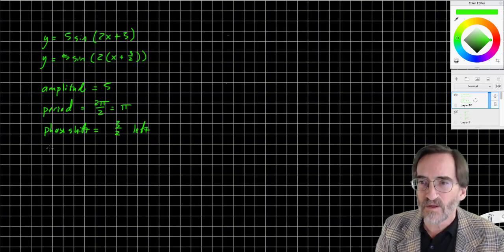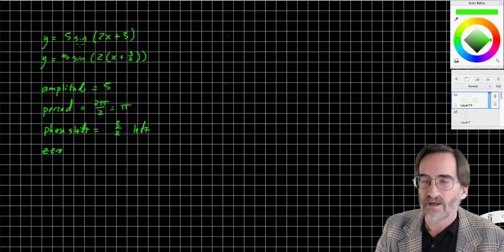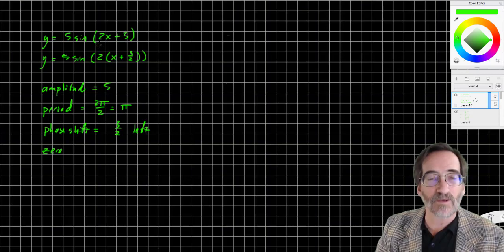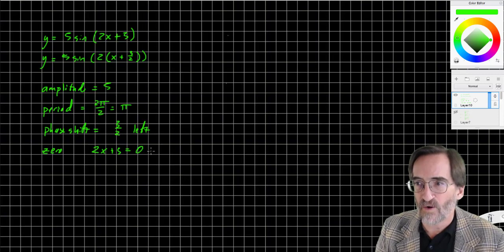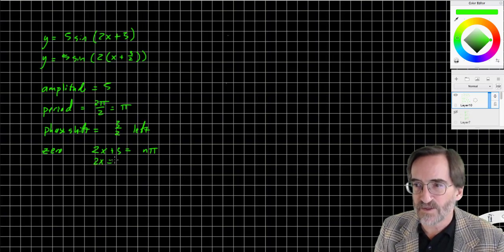Okay, zeros. Well, the zeros of sine are at 0 and pi and 2 pi, multiples of pi, right? So the question is, where does 2x plus 3 equal 0 or n pi, any multiple of pi? I'm going to solve for x here, and 2x equals n pi minus 3, and x equals n pi minus 3 over 2.